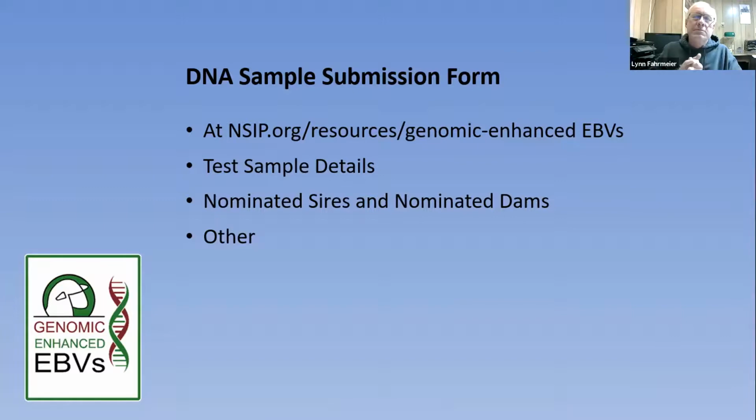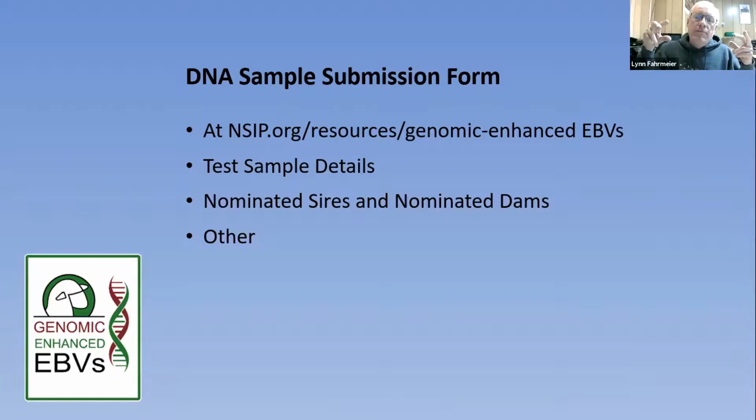That's why I've been told not to put a number on it, but just think about the fact that the genomic chip sample you're sending in is worth X number of progeny. That's where we're getting the boost in accuracy.